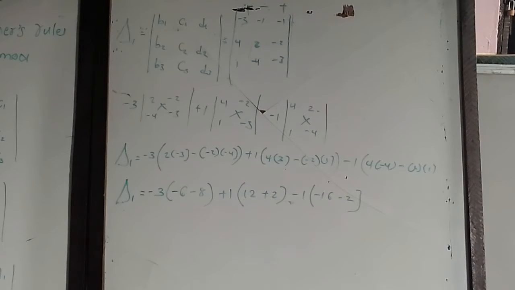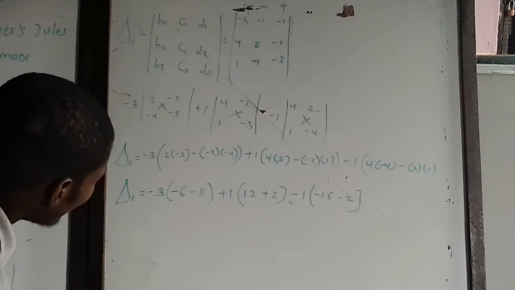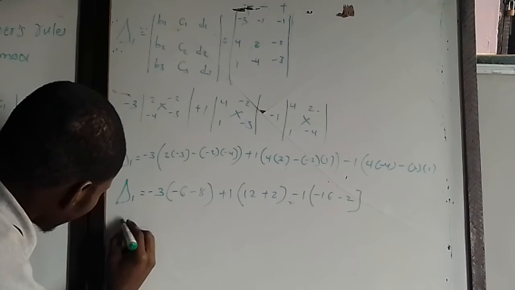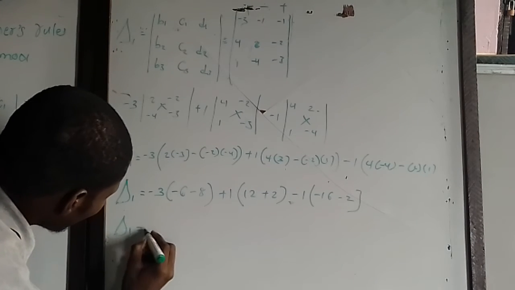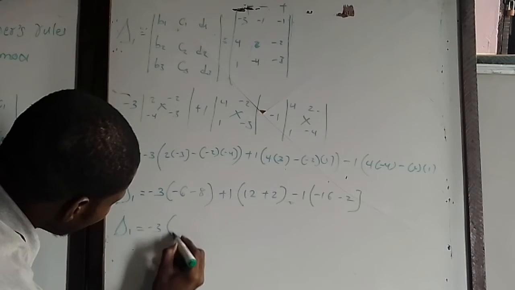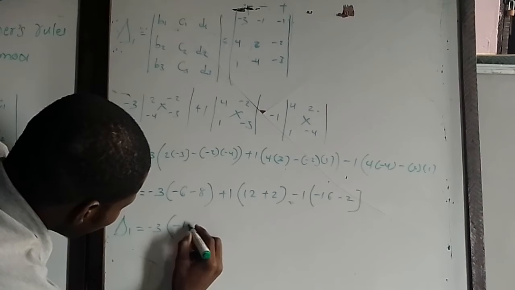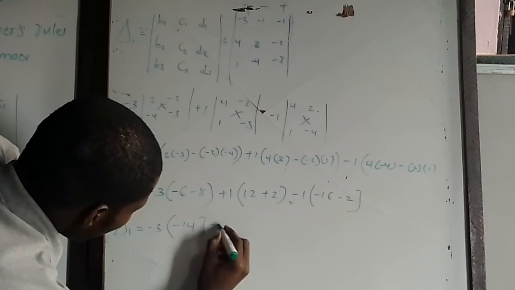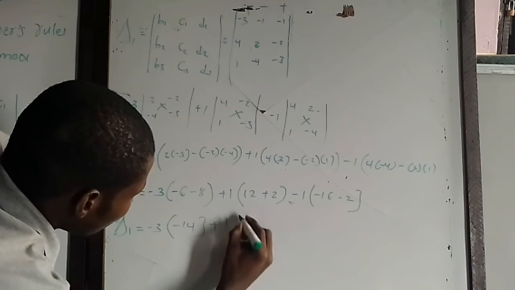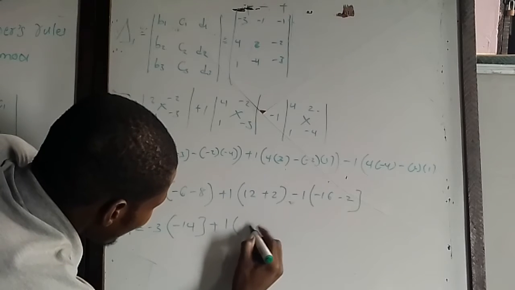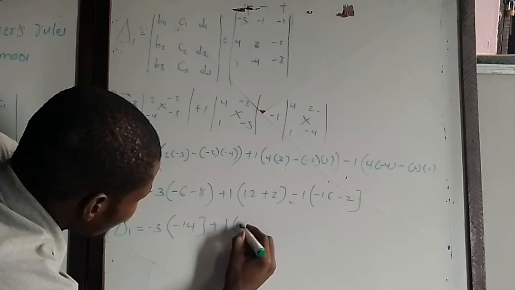Hope we understand. So let's continue. We have our A1 equals to minus 3, minus 6 minus 8 will give us minus 14, plus 1, then 12 plus 2 will give us 14.